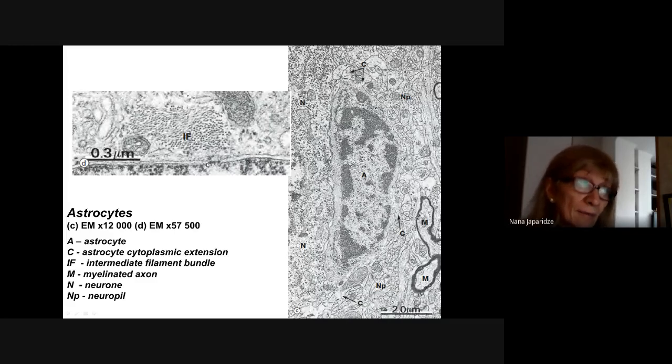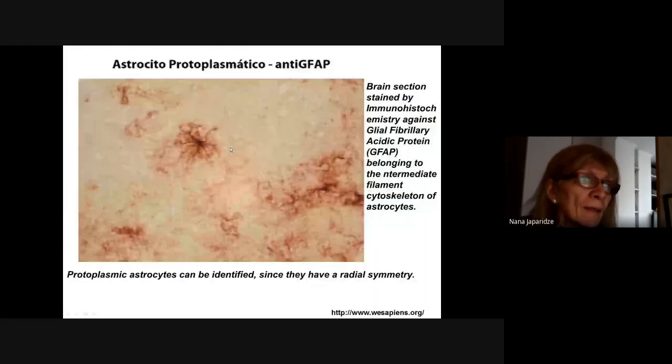What is here? Nuclear pore complex, of course. And here is chromatin, attached to the inner surface of the inner leaflet of the nuclear membrane. So this magnification here is 12,000, here it is 57,500. That is why you see here only a small part of cytoplasm.